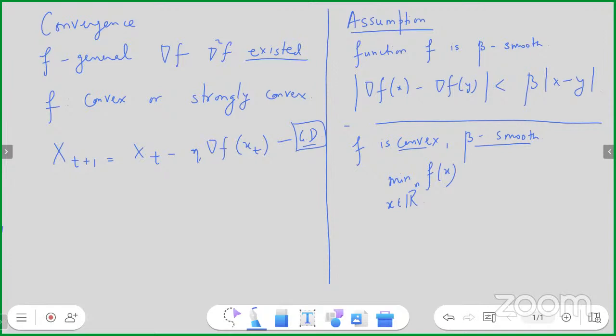Suppose I only ask for function f to be Lipschitz, then I would not have a gradient. I would simply say the norm of f of x minus f of y is less than or equal to L times the norm of x minus y. Here you're talking about how the gradient is changing. Lipschitz. That's all.